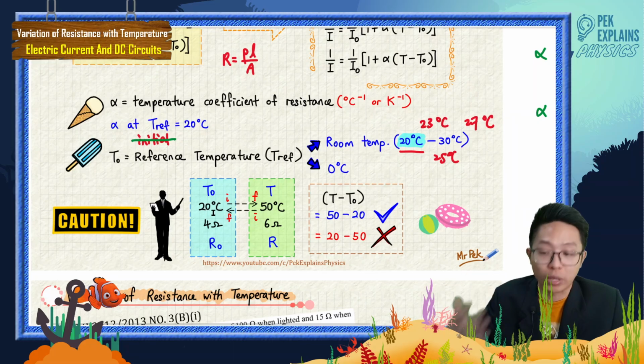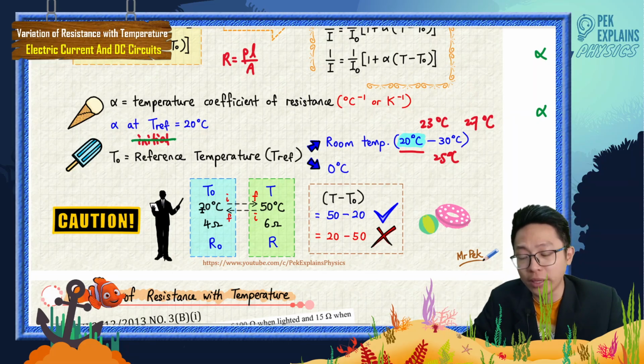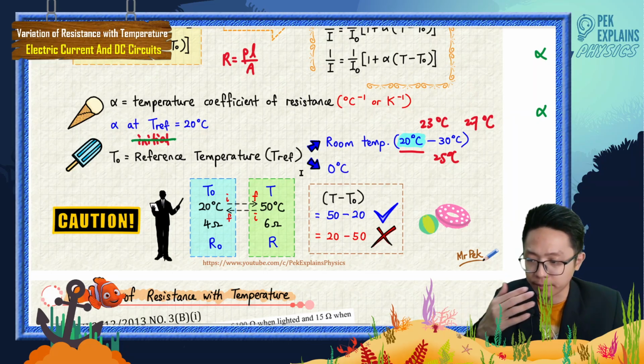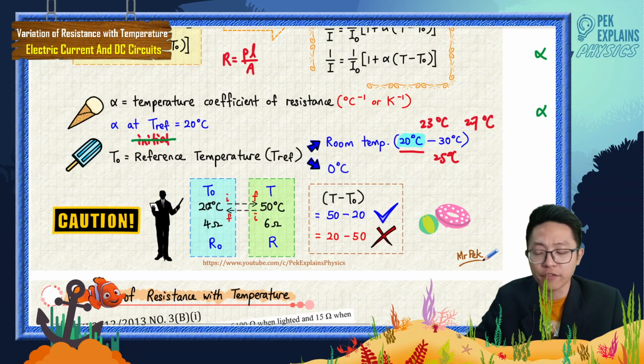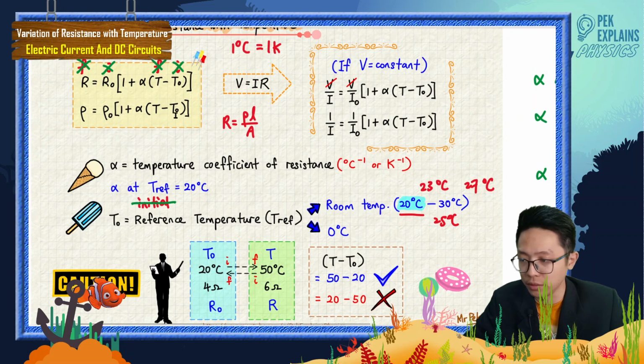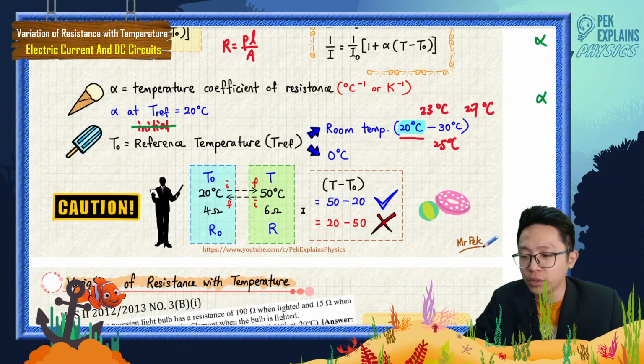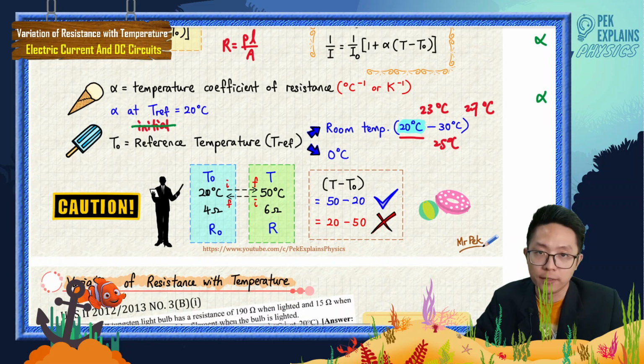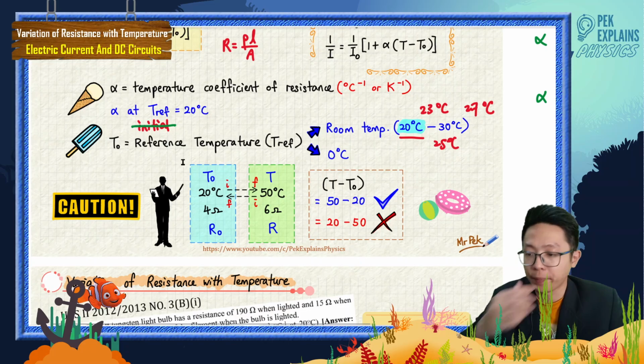Of course it is 20, because 20 degrees Celsius is the room temperature, the reference temperature. So when we use this formula, T minus T naught, we use 50 minus 20. No brainer, 20 must be the reference temperature.